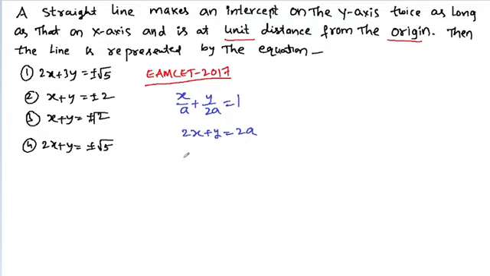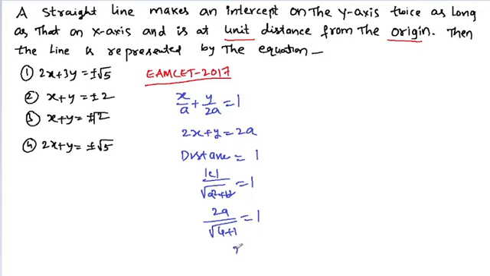This distance from origin is given. Distance is equal to 1, unit distance. So origin distance is mod c by square root of a square plus b square is equal to 1. That is 2a by under root of 2 square, 4 plus 1, is equal to 1. So 2a is equal to root 5.